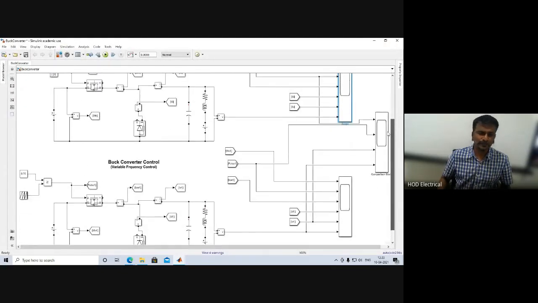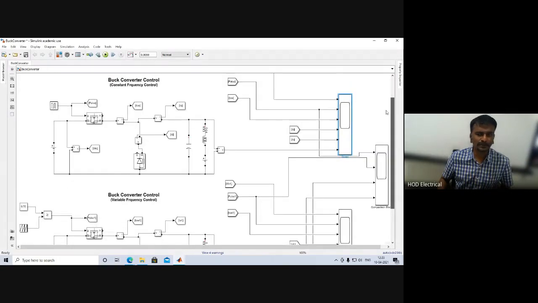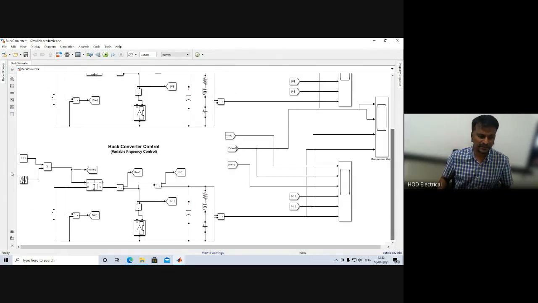For variable frequency control, in my point of view, this pulse generator will not help us do much analysis. Maybe some experts know better, but in order to change that, I have used the concept of a sawtooth waveform.